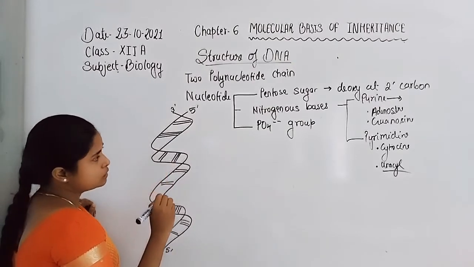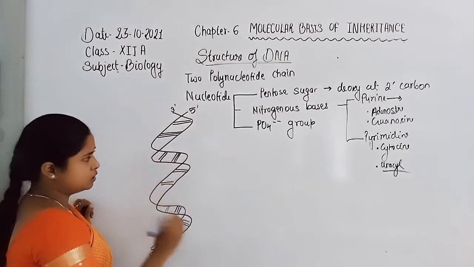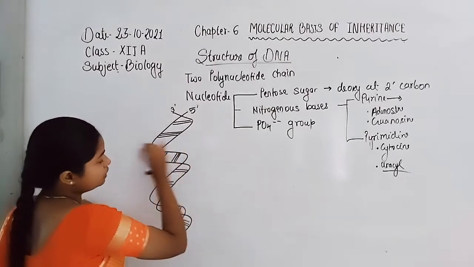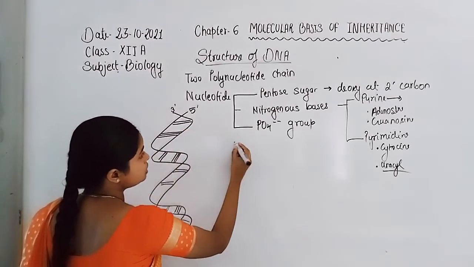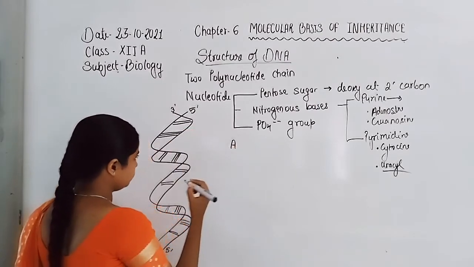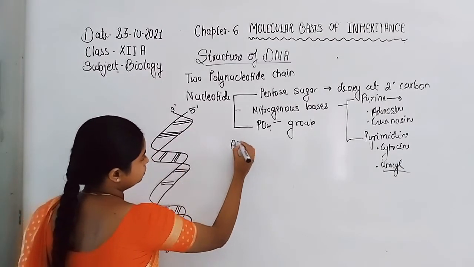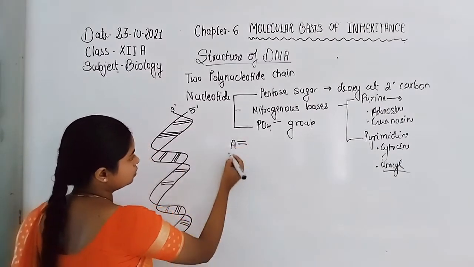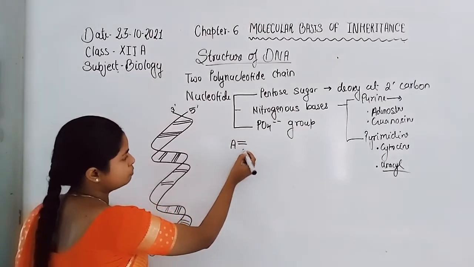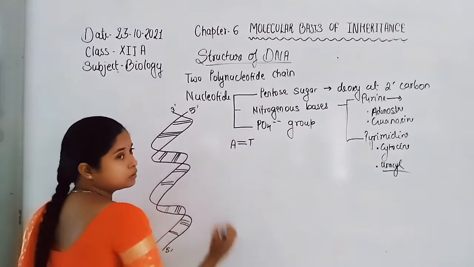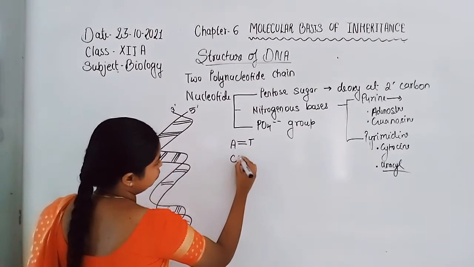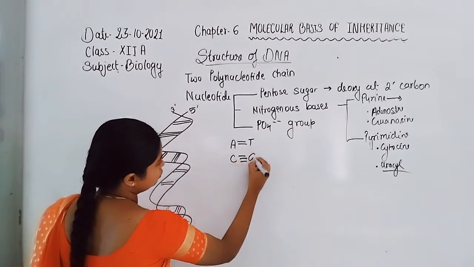These nitrogenous bases are adenosine, guanosine. If we talk about the pairing or the bonding between these nitrogenous bases, it is carried out by the formation of hydrogen bonds between adenosine and thymine, whereas cytosine forms triple hydrogen bonds with guanosine.